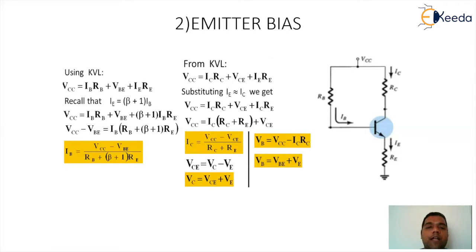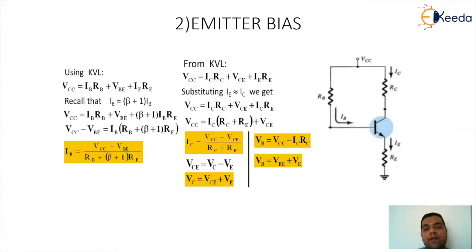You can also take IE approximately equal to IC because IC is alpha times IE and alpha is close to 1. If I neglect the impact of the base current, which is very, very small, I can assume IE equal to IC. In calculations, we often take IE approximately equal to IC because the beta value is very, very high.